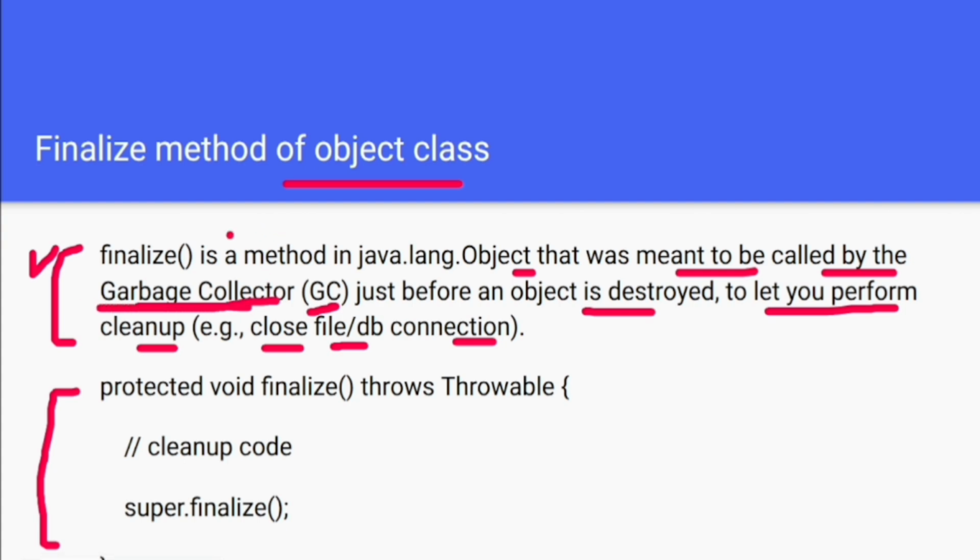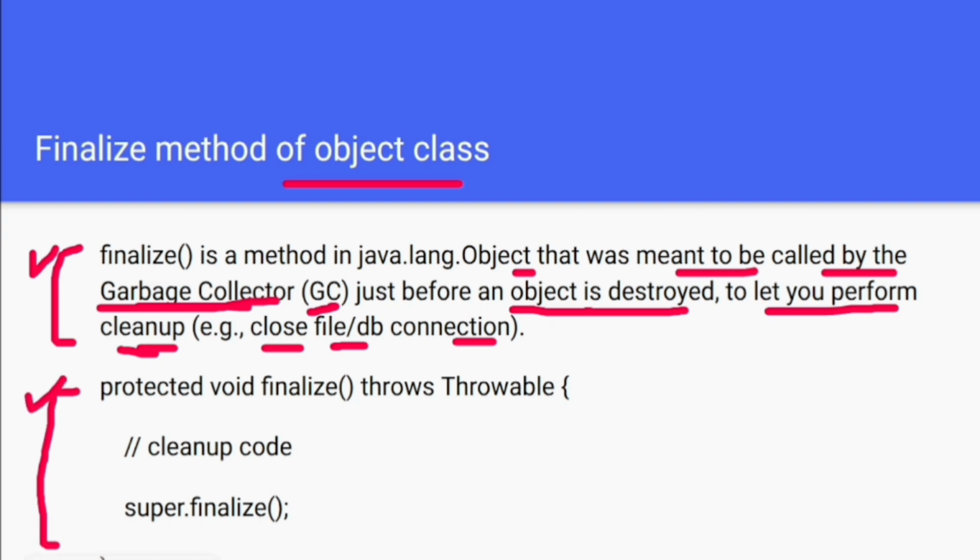And why do we need to use the finalize method? To do cleanup tasks, meaning to close any resource. It can be a file, it can be a DB connection. And when will the finalize method be called? Just before an object is destroyed. So three things you have to remember.